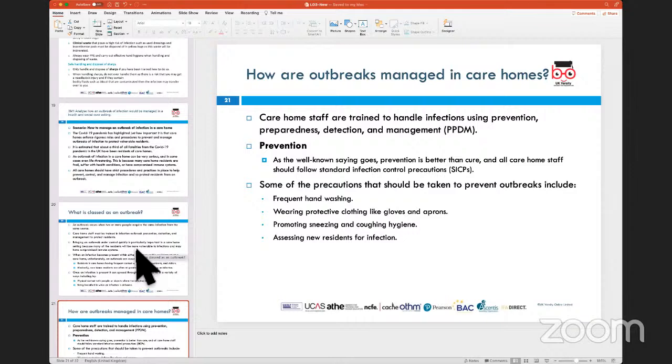Some of the precautions, going back to the government guidance, are frequent hand washing, making sure you're wearing protective equipment, and promoting personal hygiene along with the usage of protective equipment.